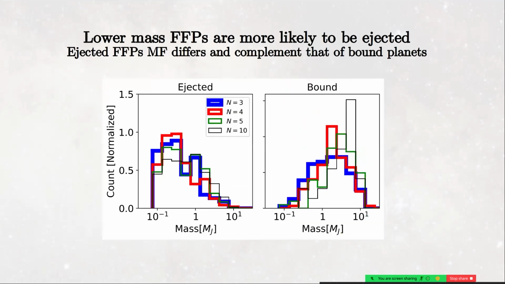This was shown before, again, from our work. We can see the distribution of mass. This is for bound planets, and this is for ejected ones. As you can see, the lower mass ones are ejected, while the bound ones are more massive. Originally, the combination was more or less log uniform. So in a sense, they separate. You have a complementary aspect between the free-floating and the bound ones, which is critical.